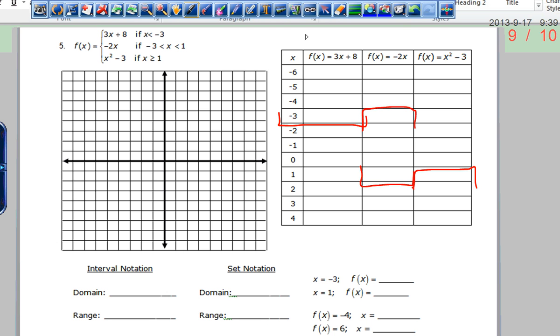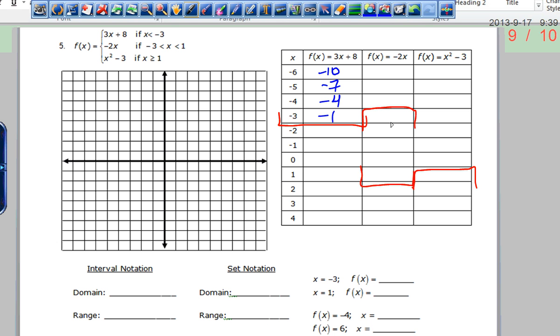Okay, what's my first ordered pair? -6, comma -10. My next one is what? -5, -7? -4, -1. All right, my middle section. Now I'm going to this function.